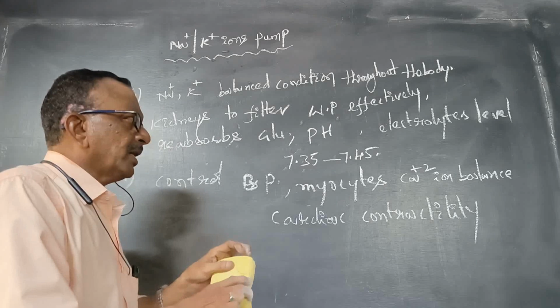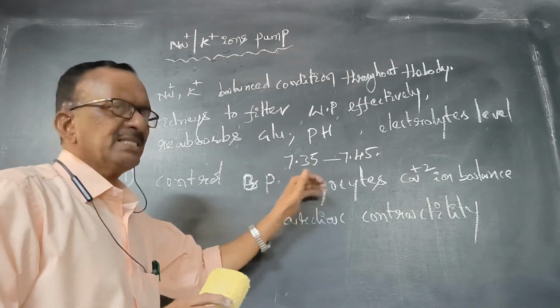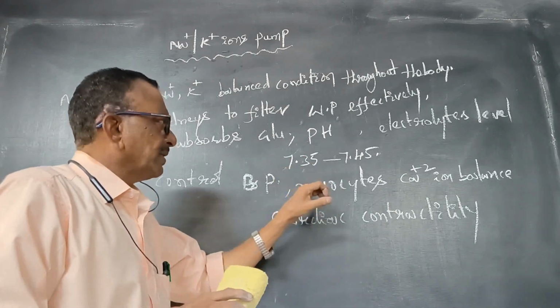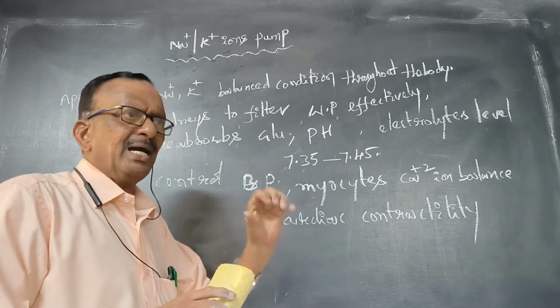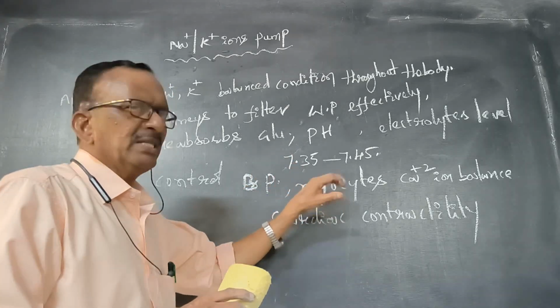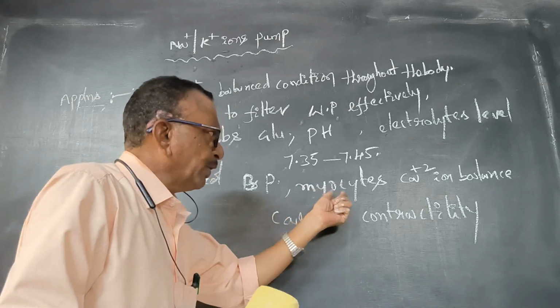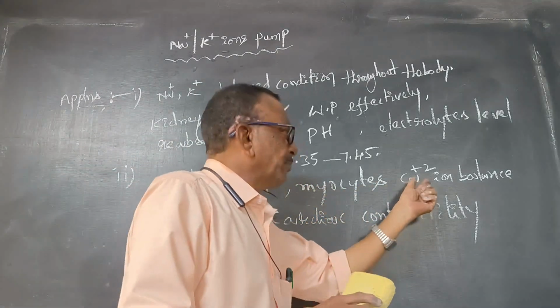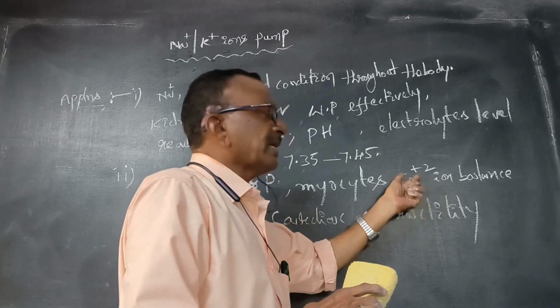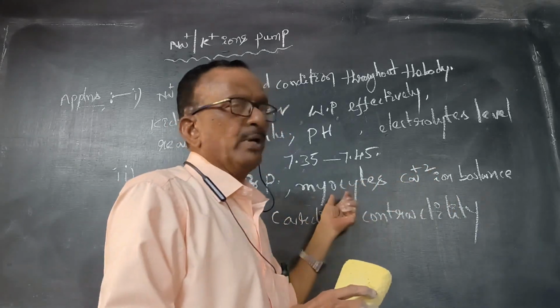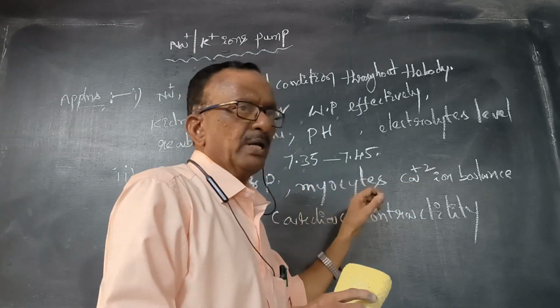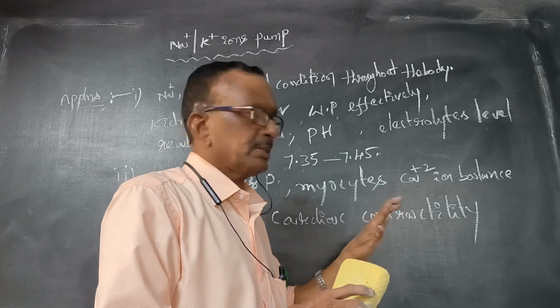So here the muscle cells that are present in the heart must contract and expand. For doing that function, we need these myocytes, and these myocytes have a proper balance of calcium ions. This is required for the systole and diastole process.